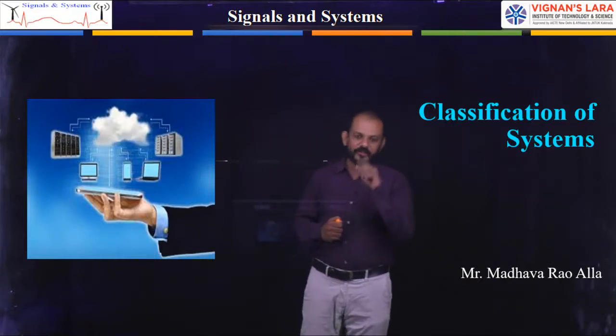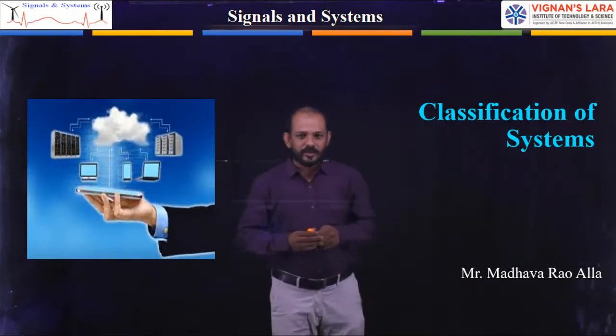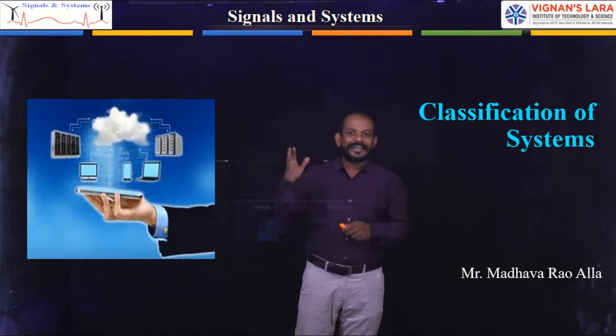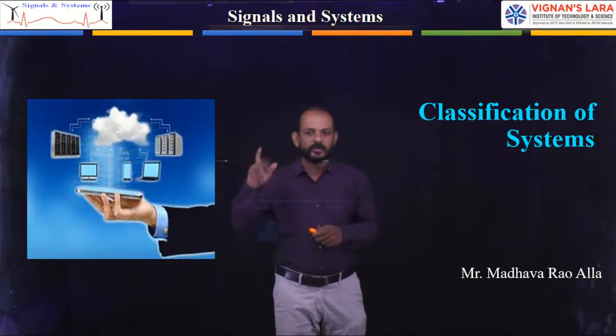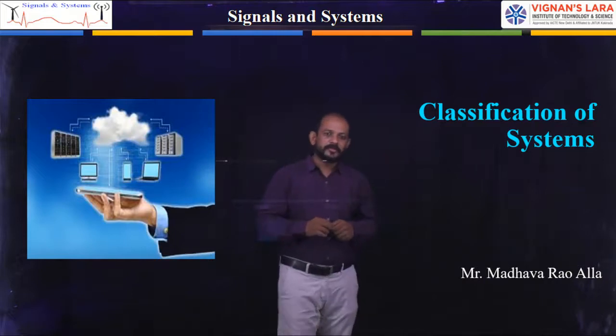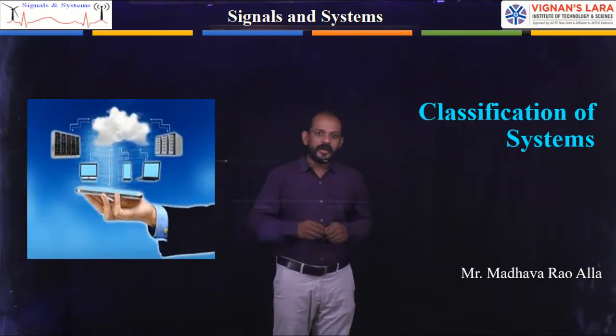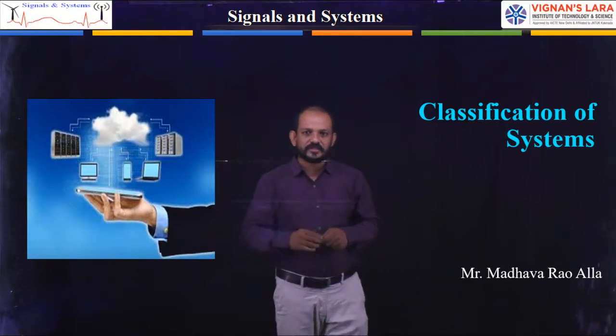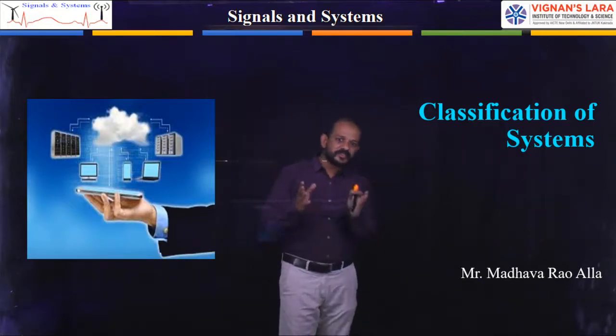Okay, the first one. In the previous classes, where we stopped in the smart board, I was explaining the concept of classification of systems. There are various classifications of systems.